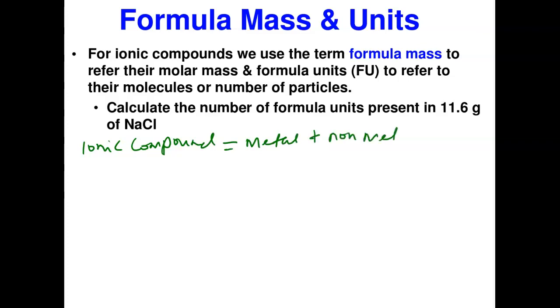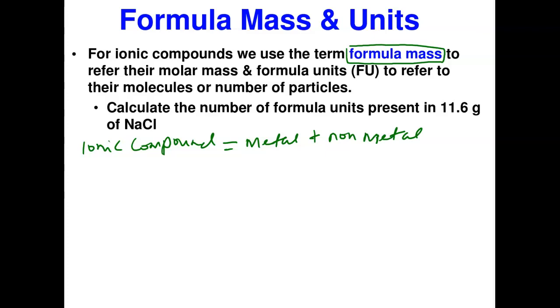That's what we call an ionic compound. Now, ionic compounds are usually non-molecular compounds. So instead of saying molecular mass, we use the word formula mass to describe what we would call molecular mass if they were covalent or molecular compounds.